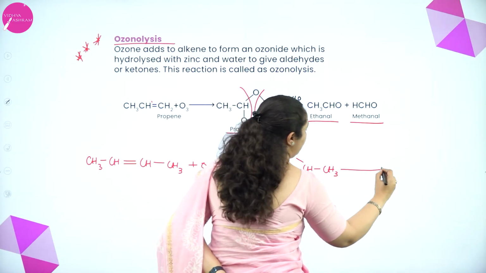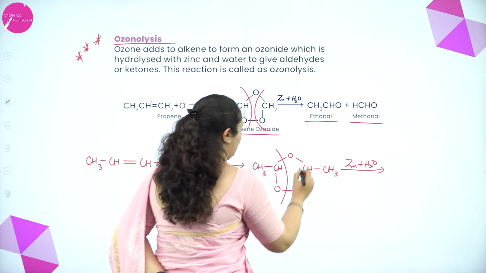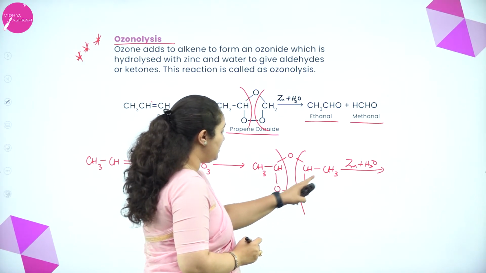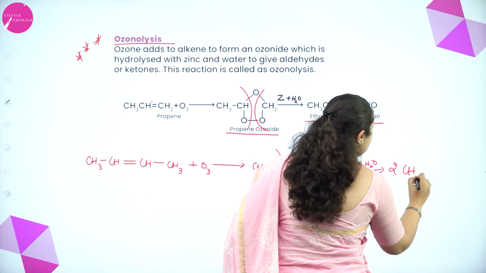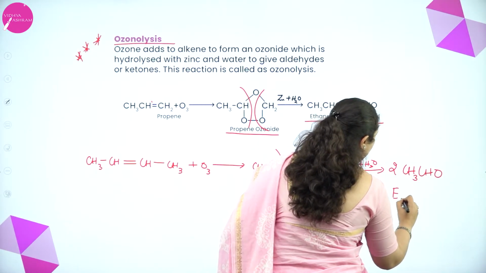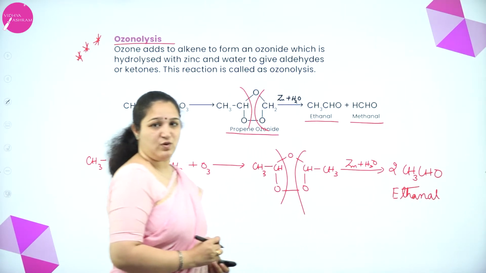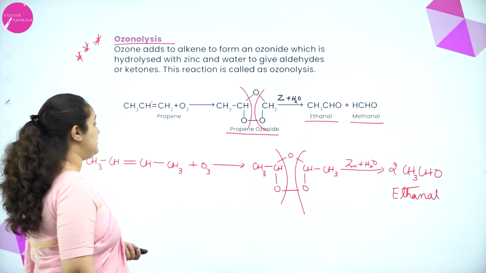This, in the presence of zinc and water, breaks at the bonds this way: CH3CHO, CH3CHO. So 2 molecules of CH3CHO are obtained, that is nothing but ethanal. Okay, so this reaction is called ozonolysis.